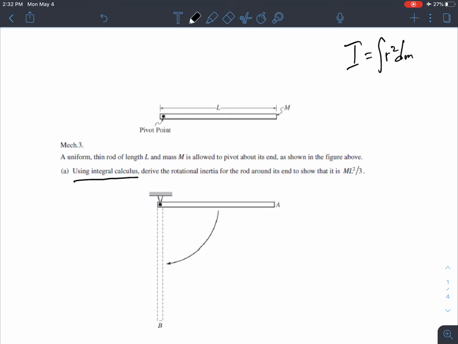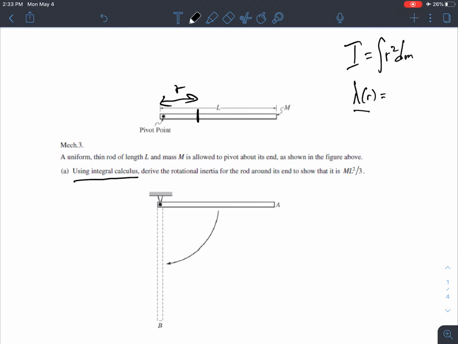Here's the key. Once you know this, there's one other thing that you need to know. You need to know the linear mass density, which is this function. Let me just explain what that is. The linear mass density, as a function of r, tells you how much mass you have at some distance r, or x or whatever you're calling that distance away from the axis.